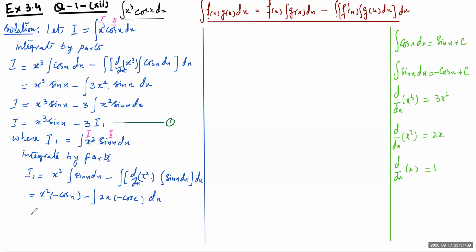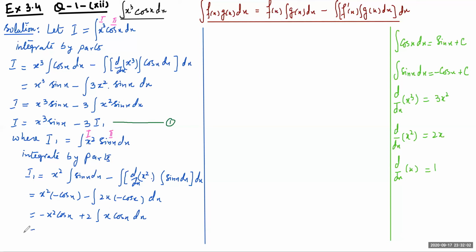And we have not used constants of integration because we still have to do more integrations here. So this becomes minus x square cos x, bring this minus into the 2 outside, so minus minus becomes plus, this 2 outside, and we have x cos x dx.